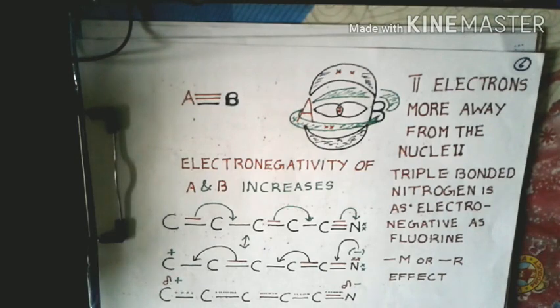So the bonding pairs will be more shifted towards A or B when they are connected to other atoms using sigma bonds, so that the electronegativity of A and B increases. So in a triple bond, the electronegativity of atoms increases because the pi orbitals are overlapping away from the internuclear region, and the pi electrons are slightly moved away from the nuclei of both atoms forming the pi bond.